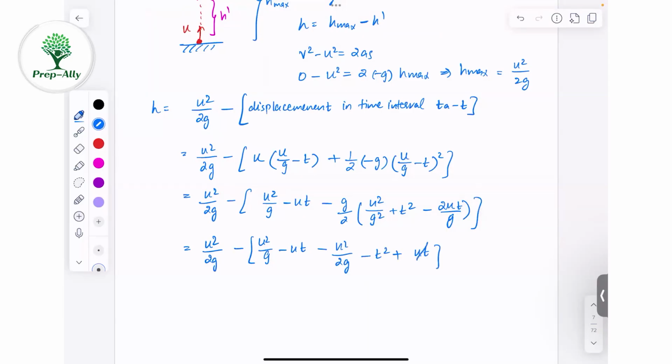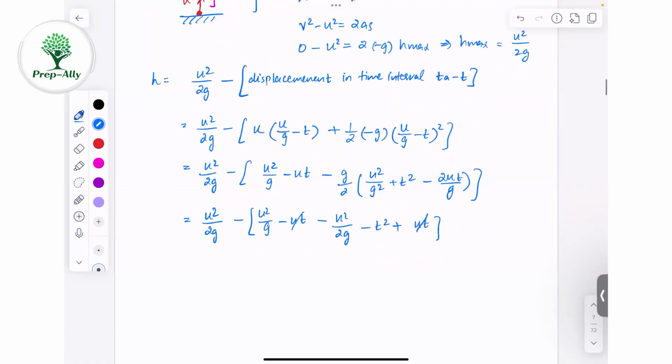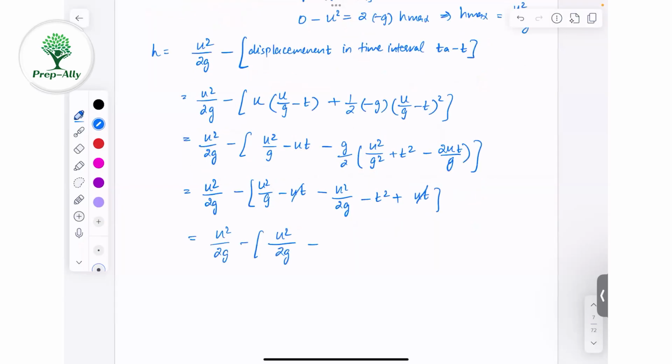So this ut gets cancelled. We have u square by g minus u square by 2g, which is going to be u square by 2g, minus g t square by 2. So this term gets cancelled. We are left with g t square by 2. Hence, the height is half g t square. That is our answer.